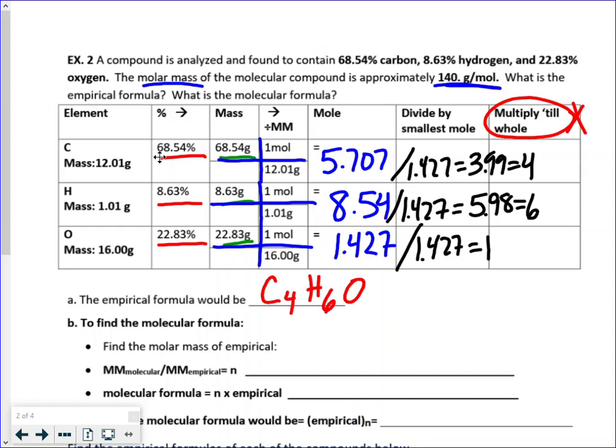Yes? It will be very close. It'll be like 9.9 or 9.8. If it ends up being a 0.5 or like a 0.49, you know that's going to be a multiply by 2. If you end up with a 0.33, say you end up with something like 2.33 as one of yours, or 2.34, or even something like 3.67, what would you multiply by to get those to be whole numbers?